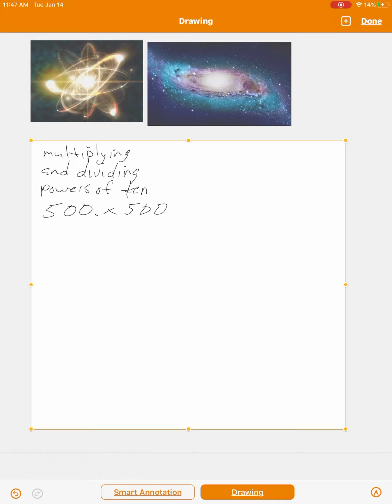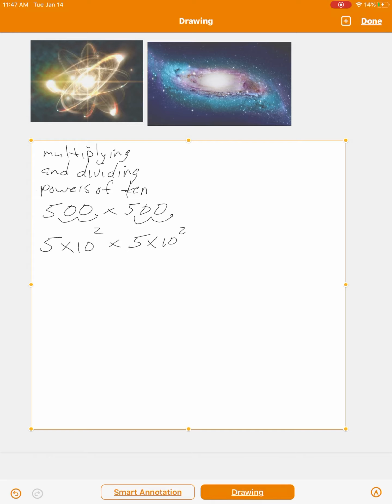So I'm going to put the decimal point right there, and go over 1 and 2. And I'm going to write this as 5 times 10 to the 2, right? So that would be our exponential or scientific notation. 5 times 10 to the 2 is the same as 500. Same thing over here, right? Decimal point here, move it over 2 spaces, so 5 times 10 to the 2.